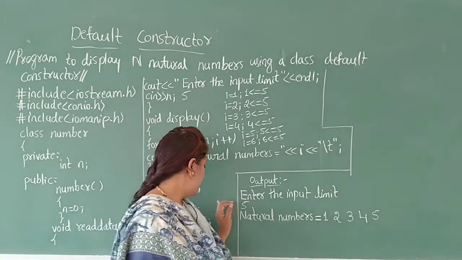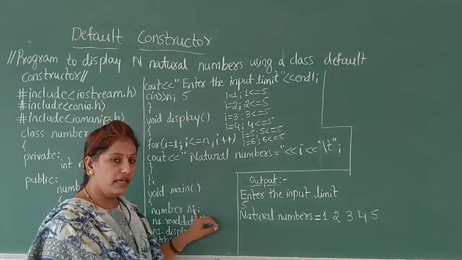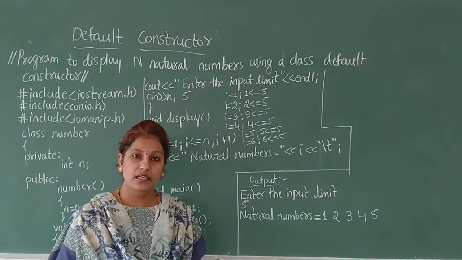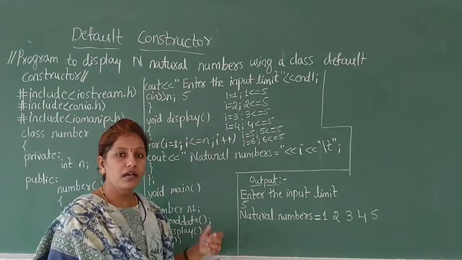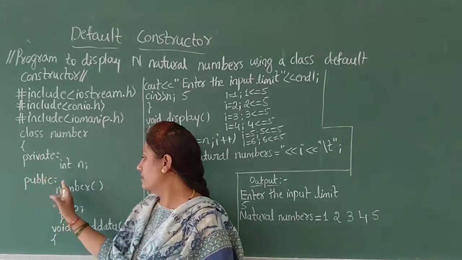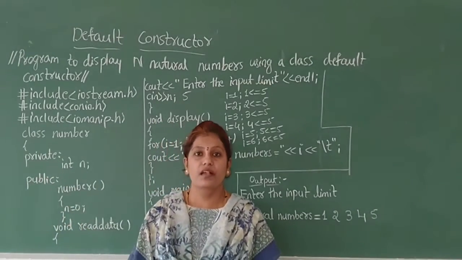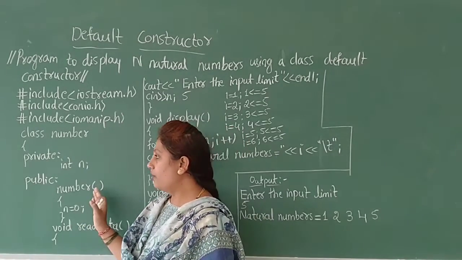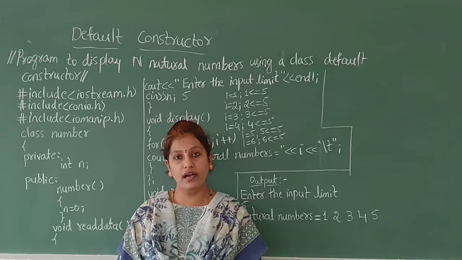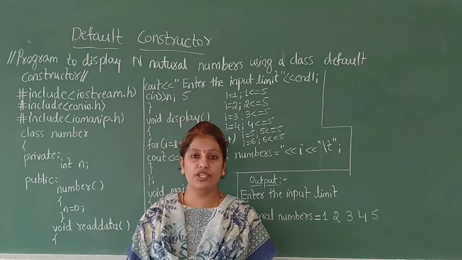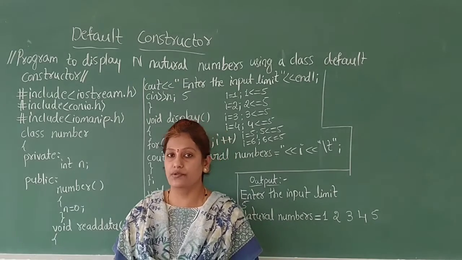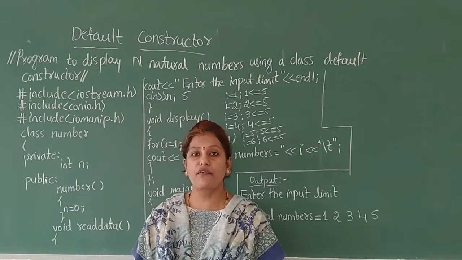Here n1 is an object, and when this object is created using class number, the default constructor number is called automatically. Okay, this is how we use a default constructor in a program to initialize the objects with the same set of values, not different values.